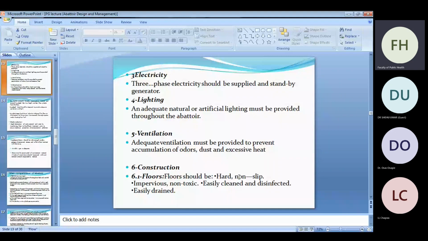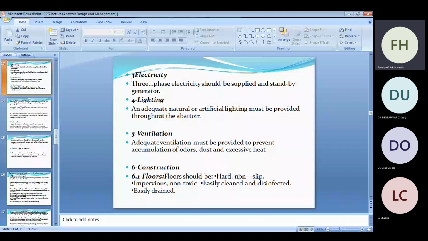As for construction, the floor. The floor should be constructed with a very hard, non-slippery material that will enhance easy cleaning and disinfection. So while constructing an abattoir, the floor should be very hard, because animals are being brought into the place.